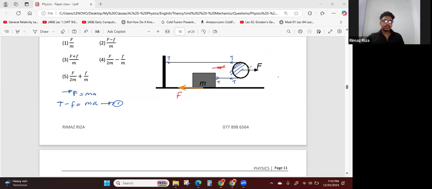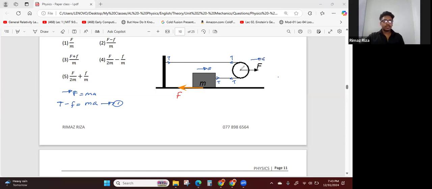And also one thing that you have to understand: if this mass has some acceleration a, the same acceleration will be there for this pulley, right? This one also has the same acceleration.